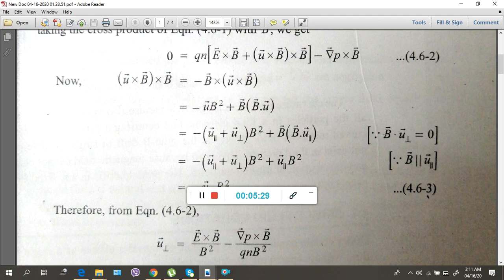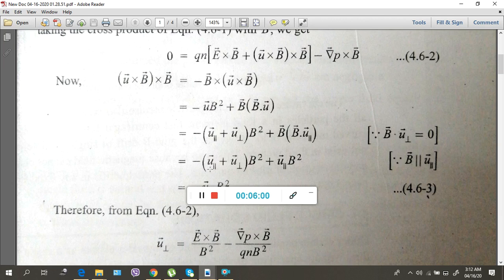And we know that for the perpendicular component of average velocity, B dot u perpendicular is equal to 0. But if we have the parallel component of average velocity, then there is B parallel to u parallel. So when we have the parallel component of average velocity, this value exists.